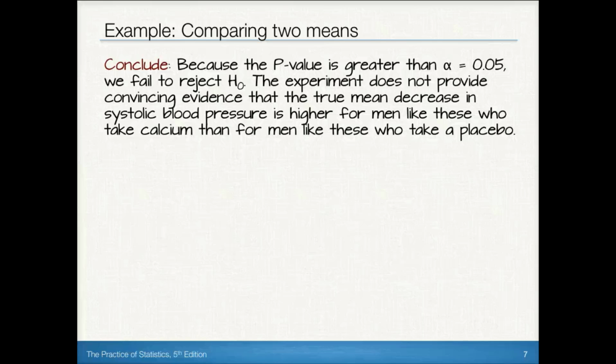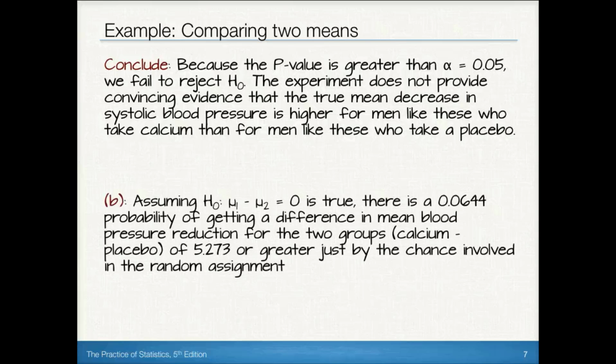The experiment does not provide convincing evidence that the true mean decrease in systolic blood pressure is higher for men like those who take calcium than for men like those who take a placebo. Assuming that the null were true, there's a 0.0644 probability of getting a difference in mean blood pressure reduction for the two groups of 5.273 or greater, just by the chance involved in the random assignment.